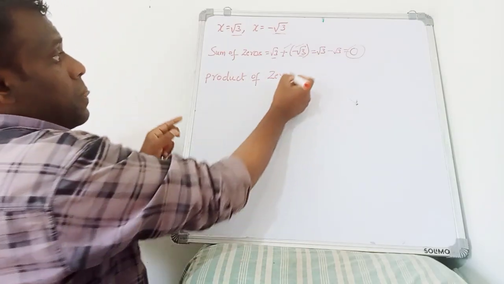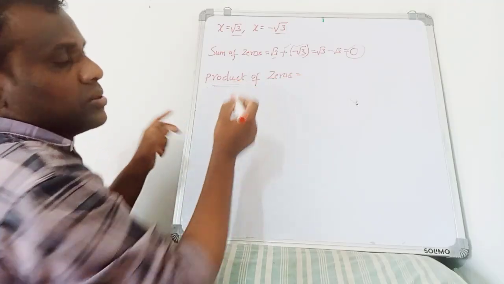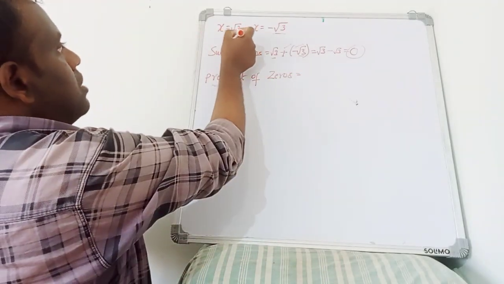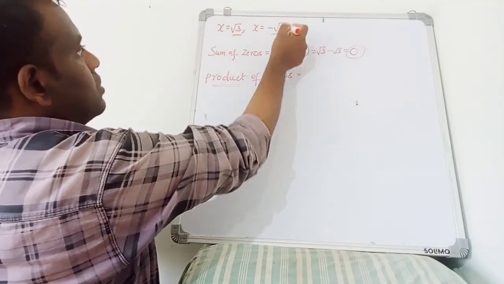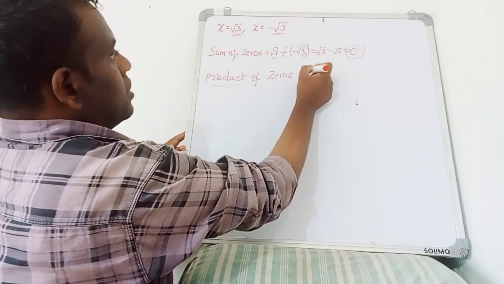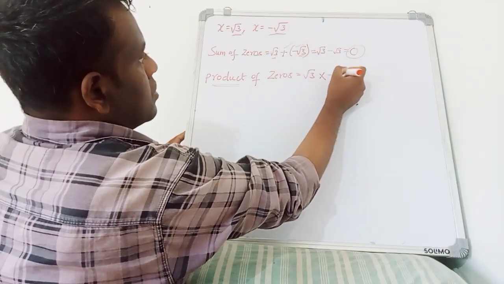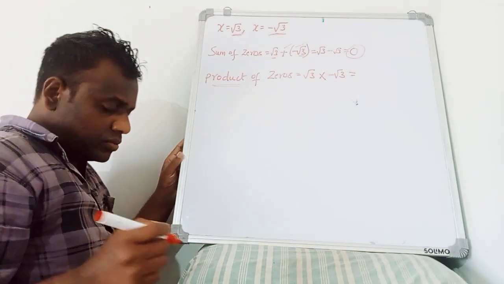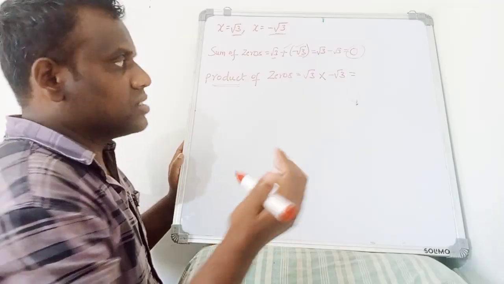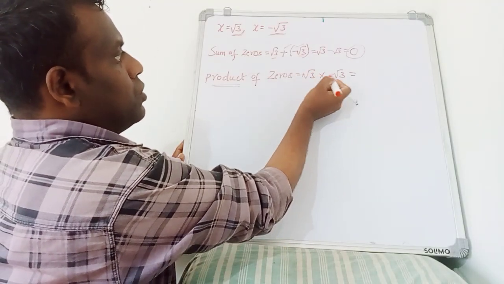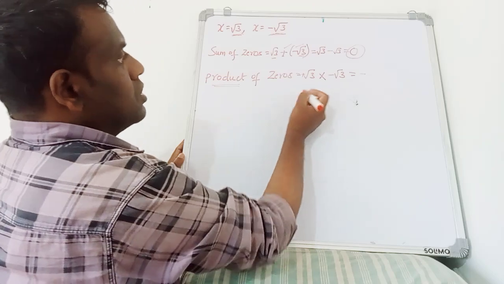Next, find the product of zeros. Product means multiplication. We have to multiply zeros. These x values we have to multiply. Root 3 and this. So first this root 3 into this minus root 3. First we have to multiply the signs. Here nothing means plus. So plus into minus, minus.